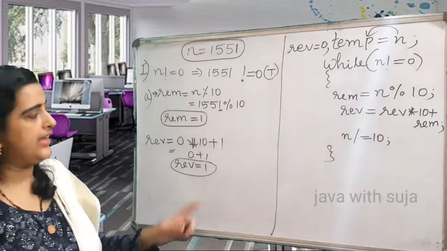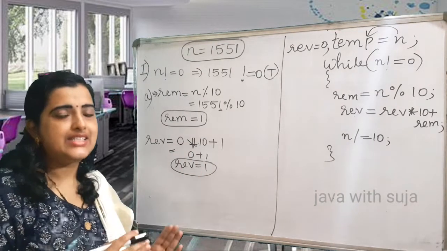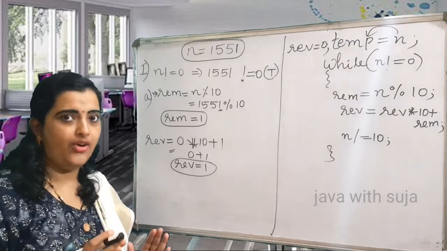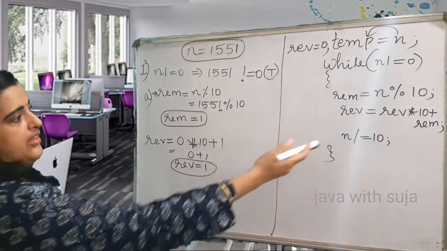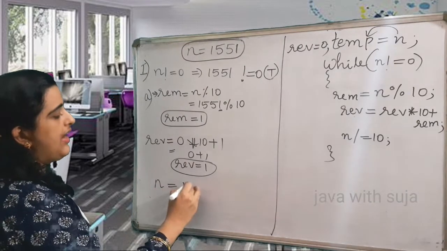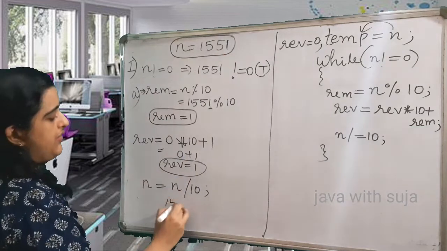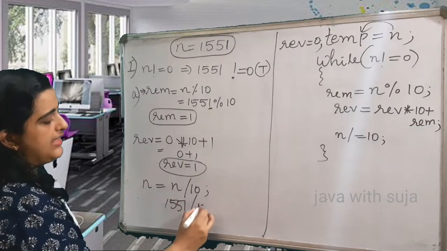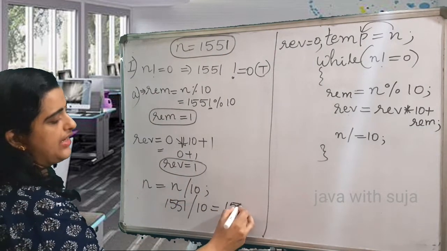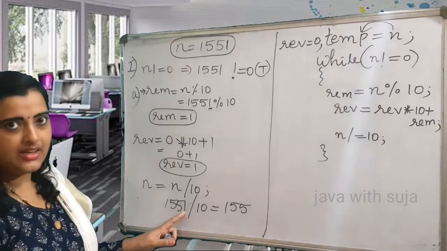As I told you already, this multiplication operator is used to assign each digit exactly in its own place value. Now we have to update the variable n, that is, we will divide our input by 10. So 1551 divided by 10 will give you 155, avoiding the reminder.